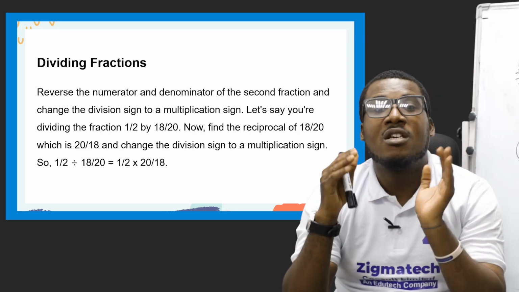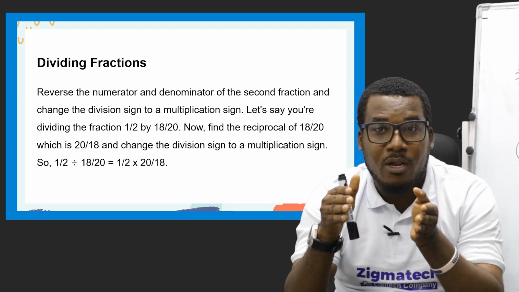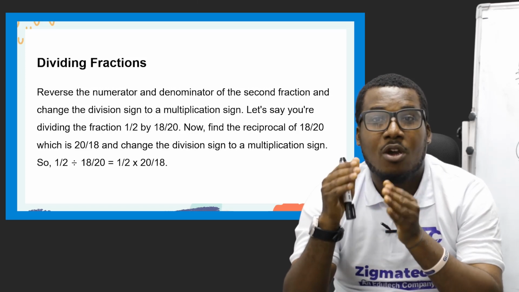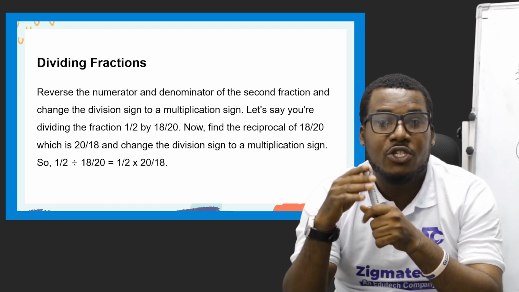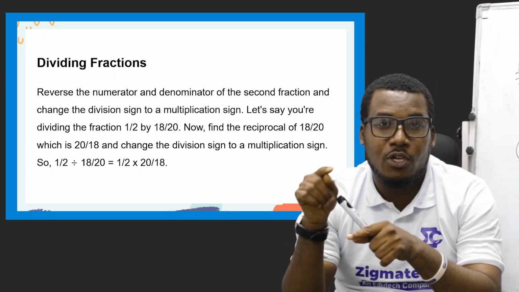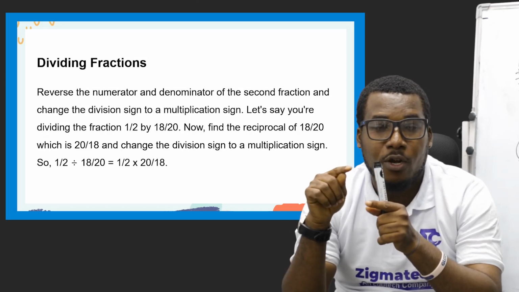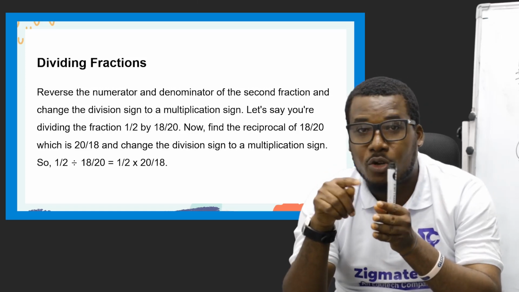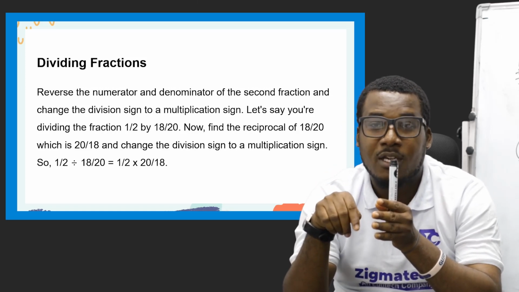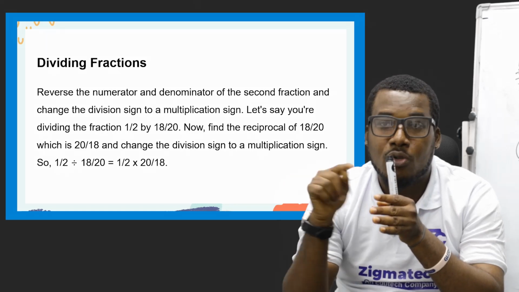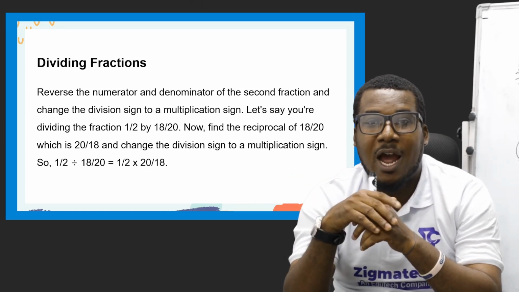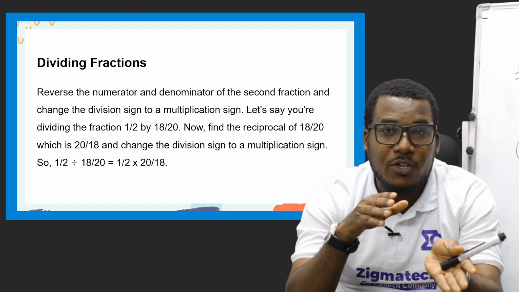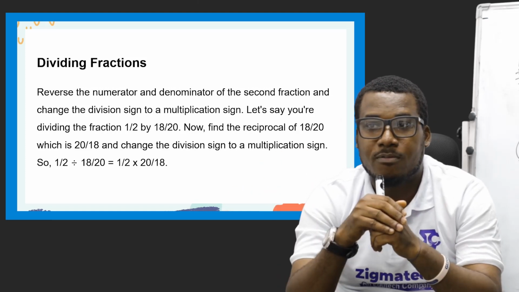Initially we said any of the fractions, but here there is a specificity on the second fraction. Change its position: the initial numerator goes to the denominator's place, the initial denominator goes to the numerator's place, and then you change your sign from division to multiplication.